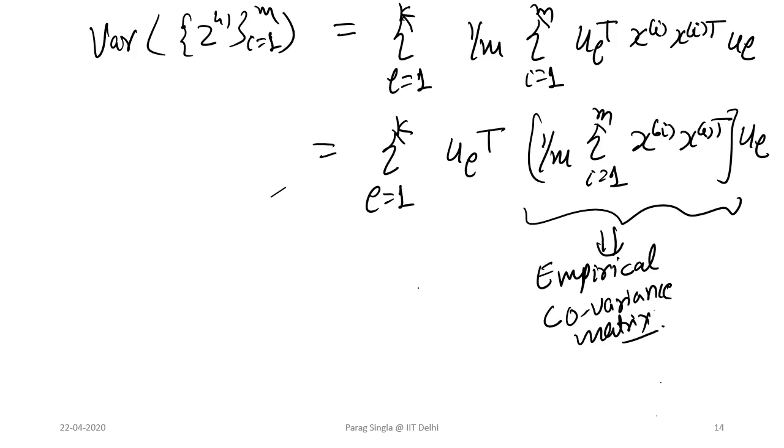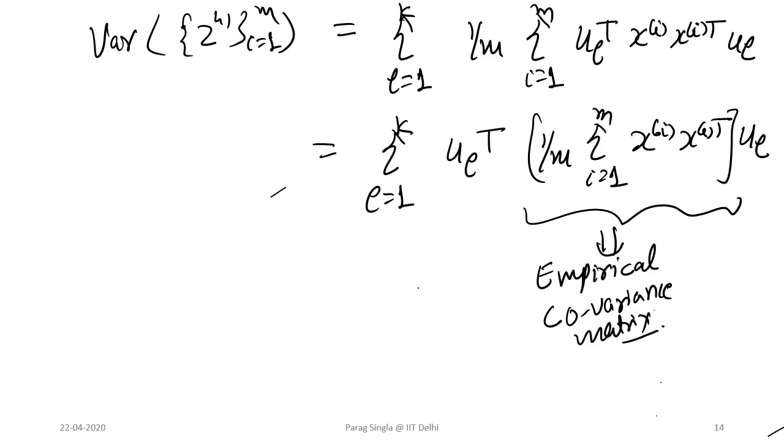First of all, note that this xi xi transpose is an n by n matrix, and the components of it are nothing but the covariance between different dimensions.